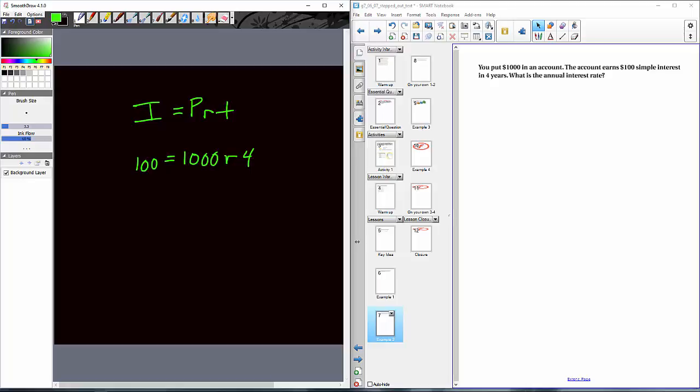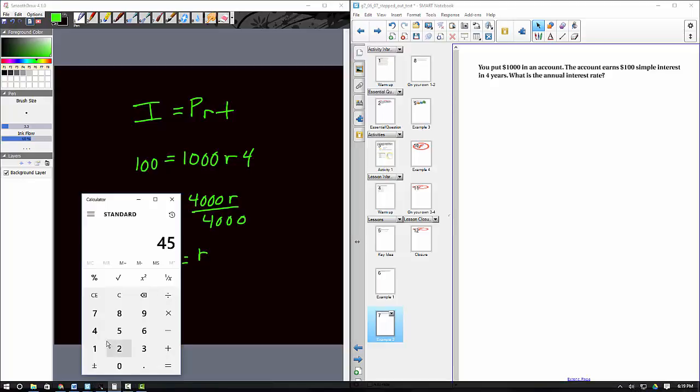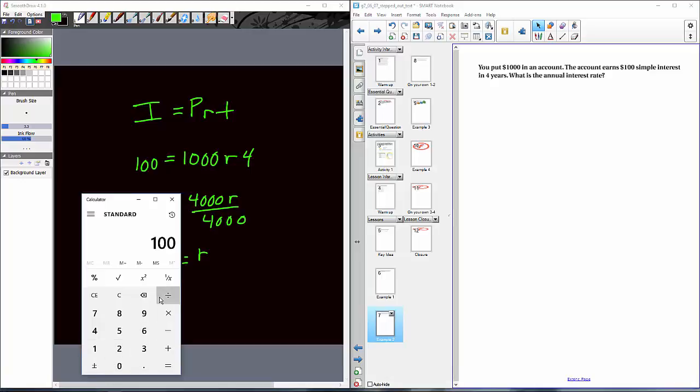So let's just multiply what I have here. Let's combine like terms. So I have 100 equals 4,000 R, right? Now I want to get R by itself, so I'll divide by 4,000 here. Divide by 4,000 here. And I'll have R equals 100 divided by 4,000, I get 2.5%.